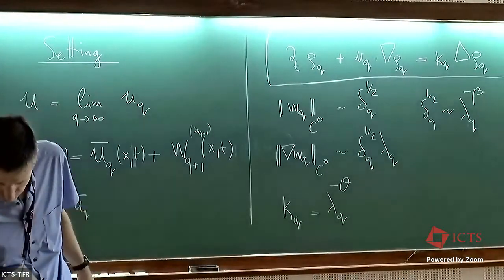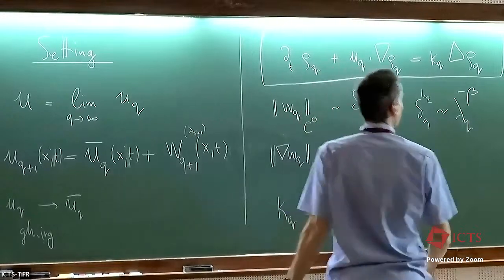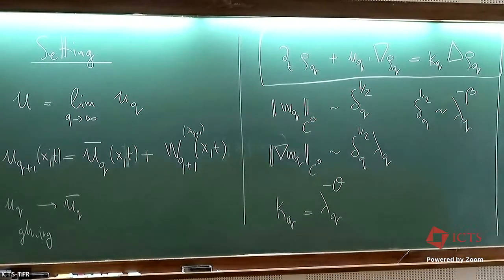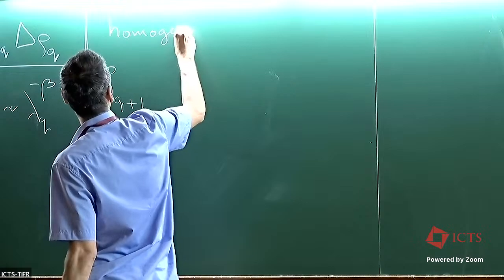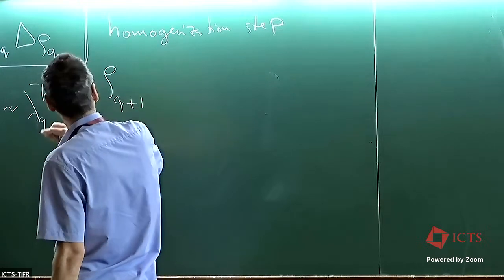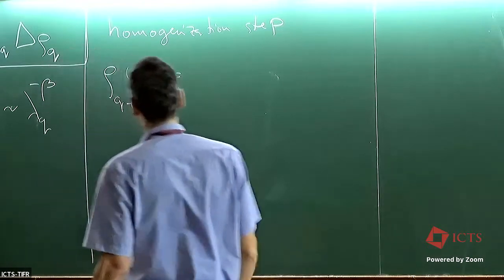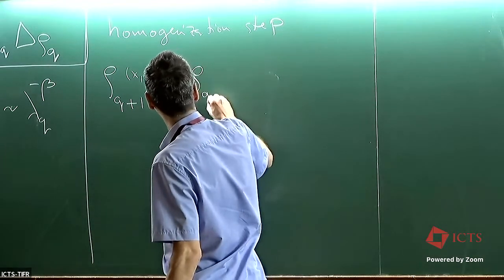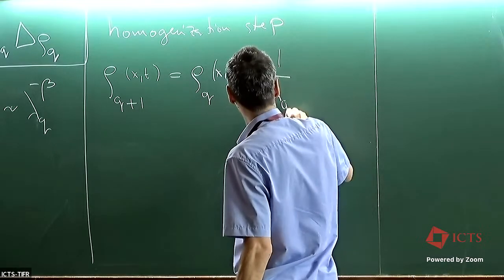Now, the homogenization part in the last lectures gave me that I can hope up to some, there were like 5 or 6 steps, but the main homogenization step gave me an expansion of this rho q plus 1 in terms of rho q plus perturbation, which has this type.